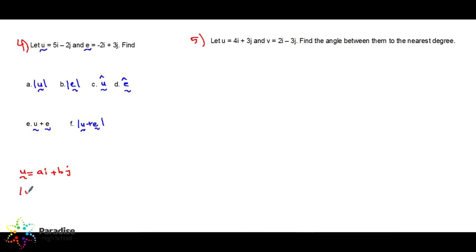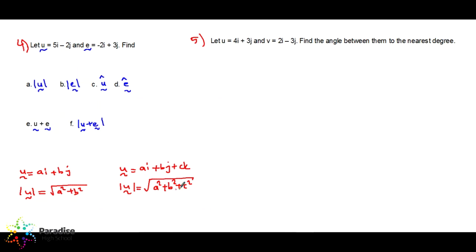The magnitude of U is equal to the square root of a squared plus b squared. If our vector has 3 components, ai plus bj plus ck, then the magnitude of the vector will be the square root of a squared plus b squared plus c squared.